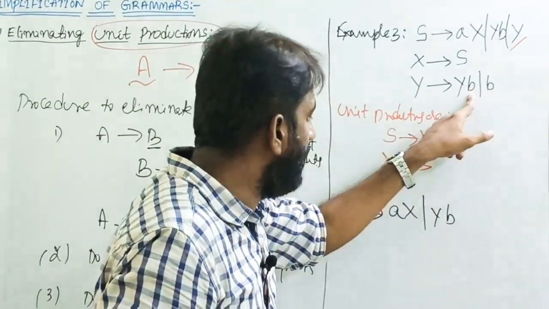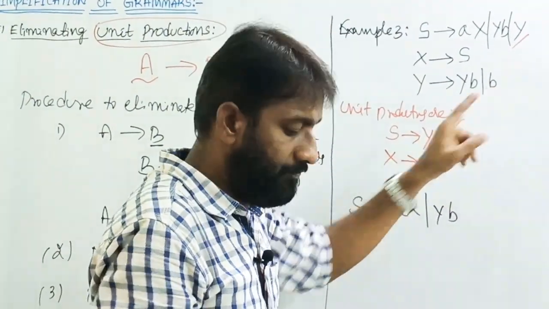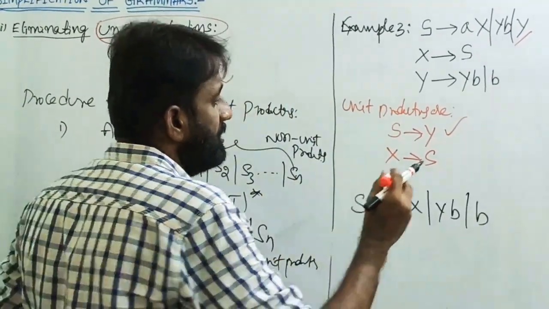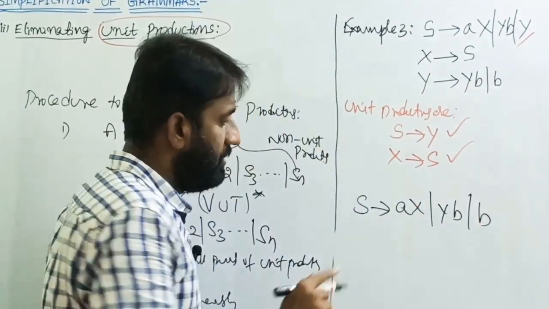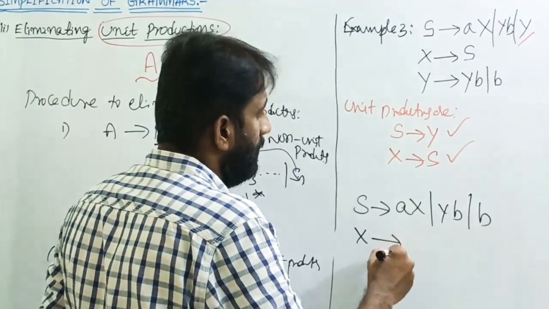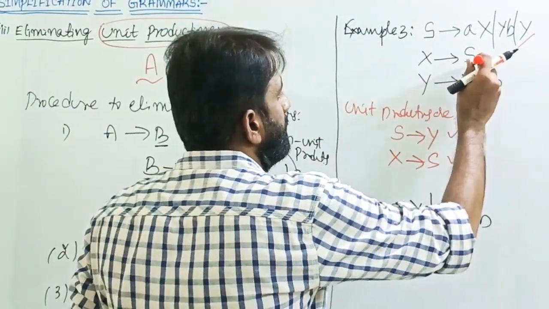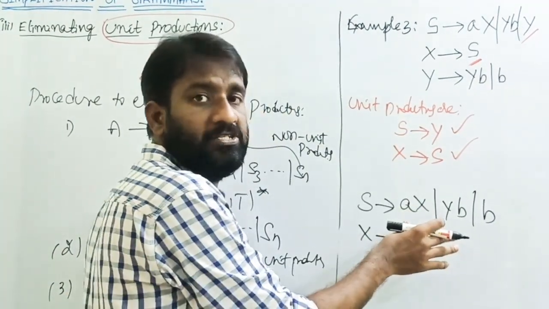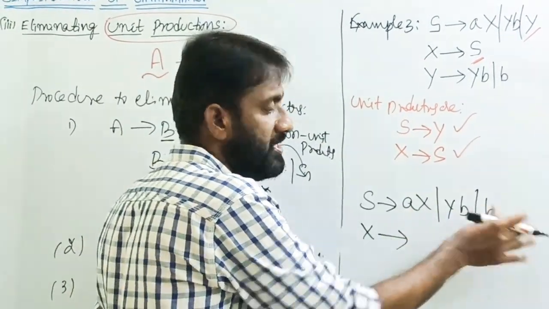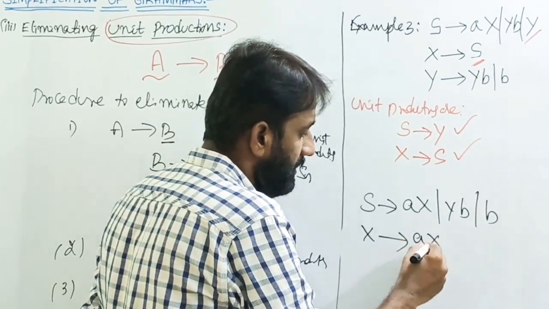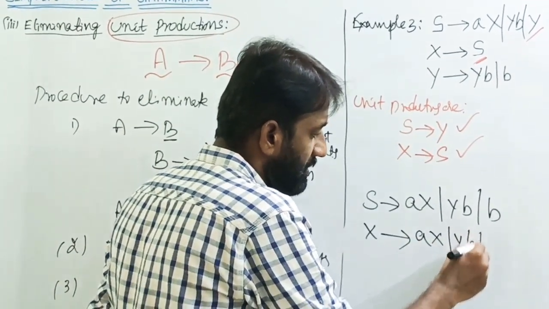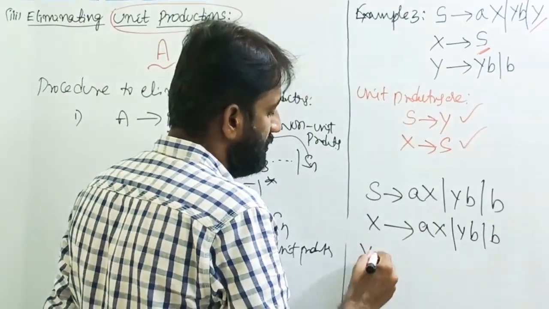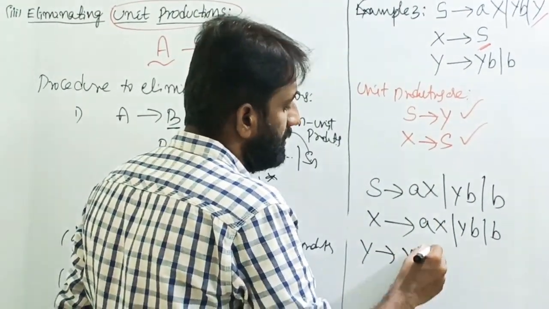YB slash B. YB is already there, so add B. Then next consider this production, X tends to S. We are removing S, so add S's non-unit productions. What are S's non-unit productions? AX, YB slash B. So add all of these: AX slash YB slash B. Then the last production is Y tends to YB slash B.